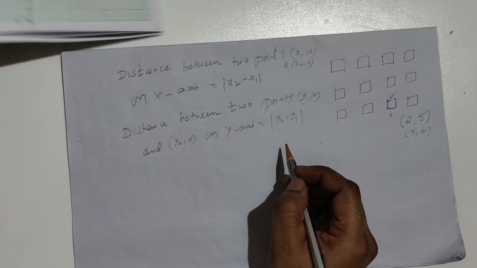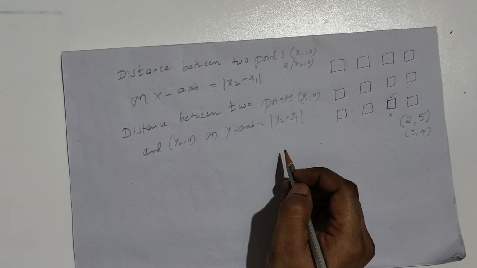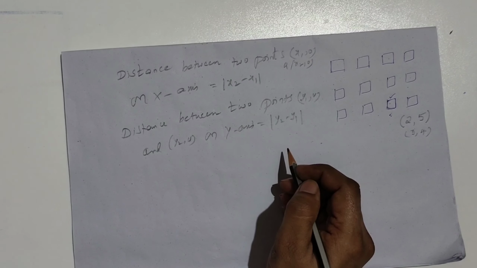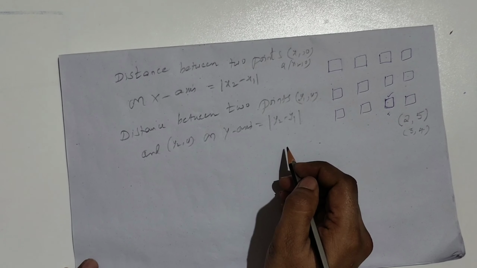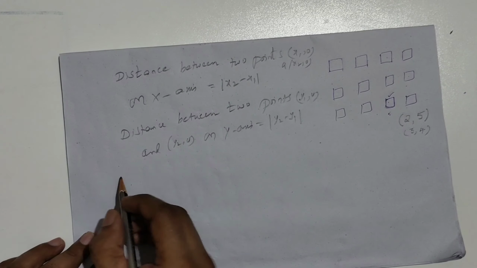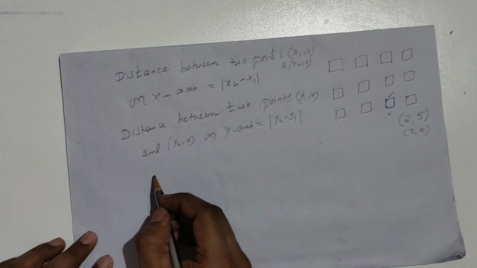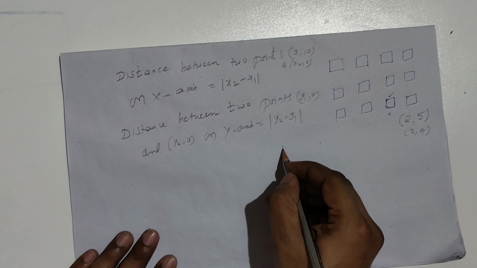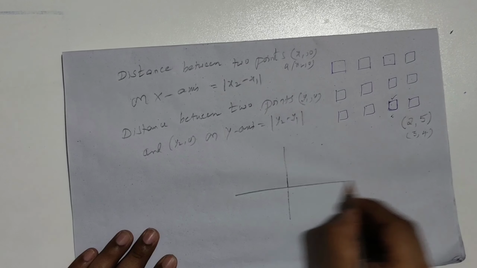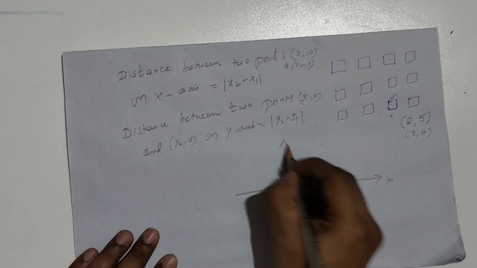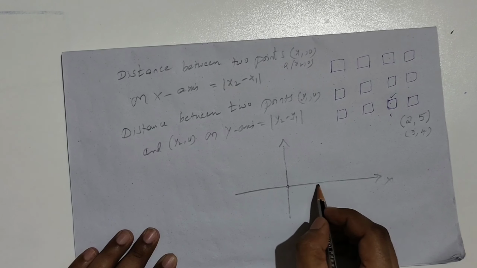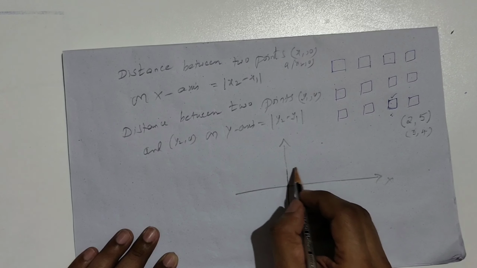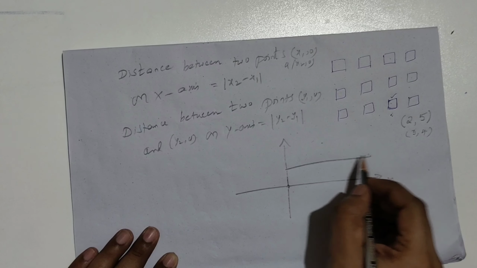So this is one concept. And another concept is here the distance between the 2 points on a line parallel to the coordinate axis. So for example, first I am taking the 2 points on a line which is parallel to the x-axis.